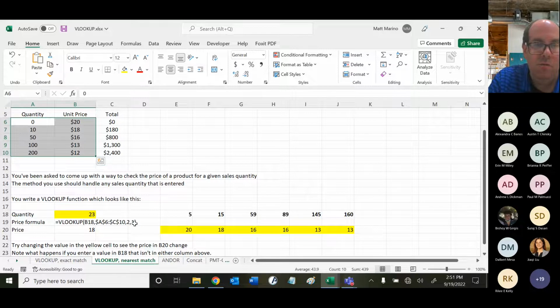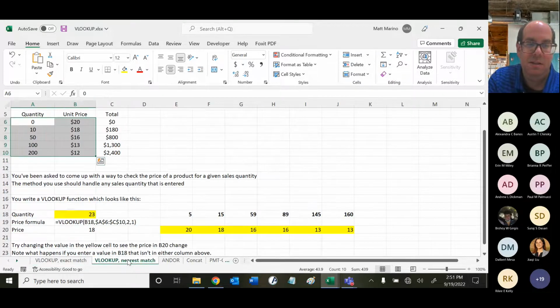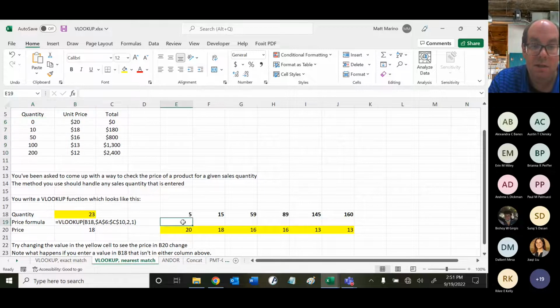It has to go through all of it until it finds the answer. Whereas the exact match, I'll show you momentarily, we want it to stop as soon as it finds the exact answer. Nearest match, it keeps going until it finds what we're looking for.